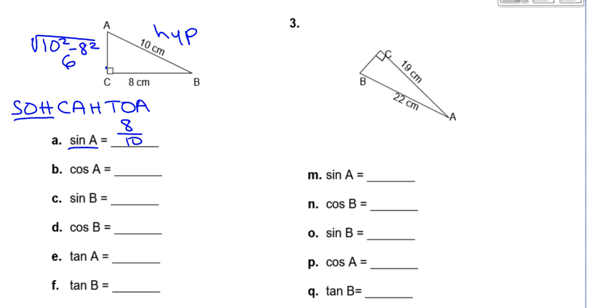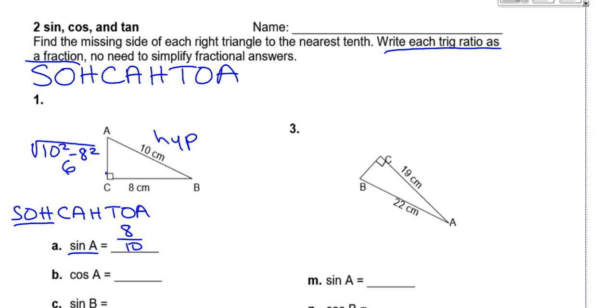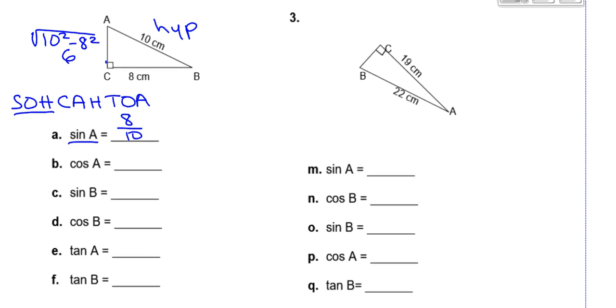Yes, all we're going to do is write it as a fraction. The next one is the cosine of A. Again, in my head, I trace that A. The cosine of the angle is equal to the adjacent over hypotenuse. The adjacent side here is 6. The hypotenuse is still 10. Now it asks about the sine of B. In my mind, I trace this angle B. Now the opposite side is over here from B, and the adjacent side is right there.